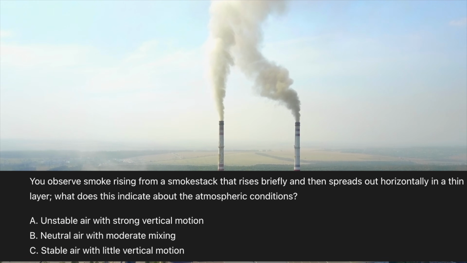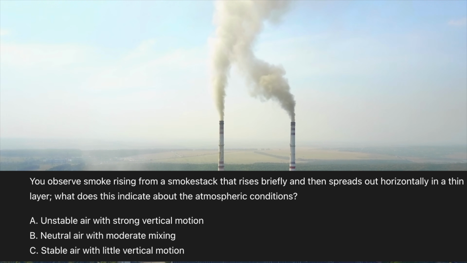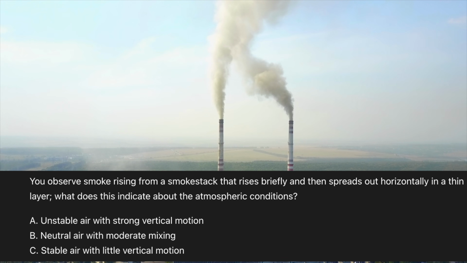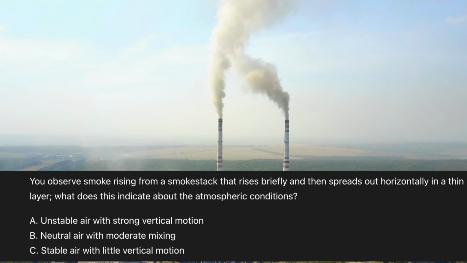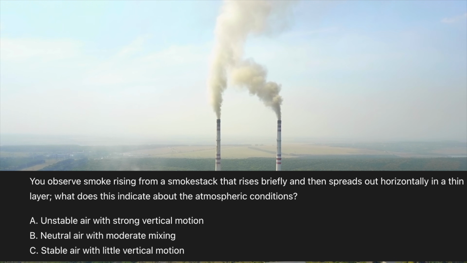Now, here's where I'm going to ask you a few questions. I know you like this. You observe smoke rising from a smokestack that rises briefly and then spreads out horizontally in a thin layer. What does this indicate about the atmospheric conditions? Now, you see A, B, and C answers, right? I know you're picking the one that is correct. You should know it because we just went over this, right?